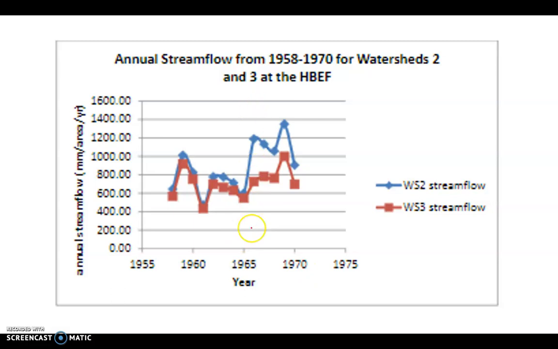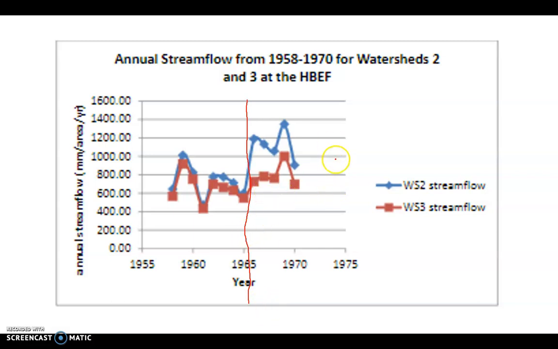Okay, and so here we see the same two streams, this is the same line graph, just this doesn't have the precipitation in it, but this is carrying on past 1965 or 1966. This is a longer data set.